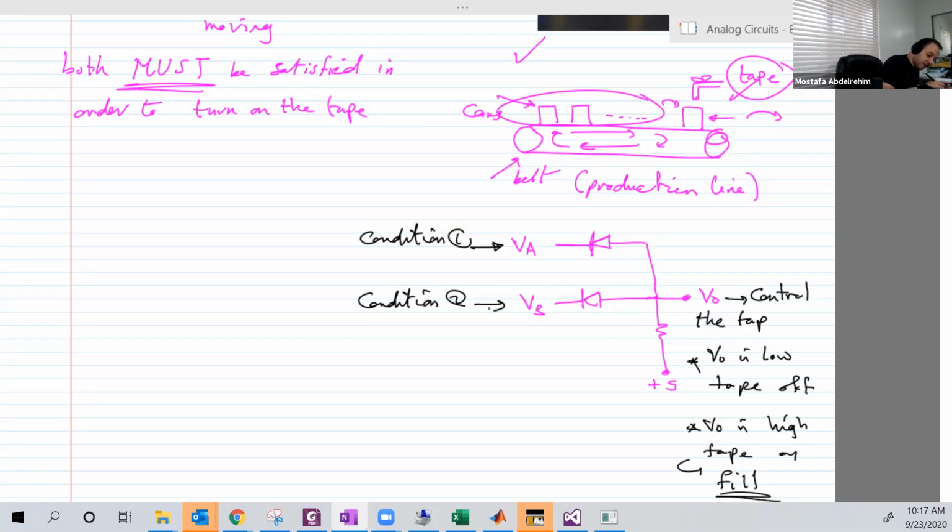So if this is 1, as a symbol for high voltage, let's call it high, which in that case is 5 volt, then this guy will also be high and will turn on the tap, and you can fill the can or the bottle.